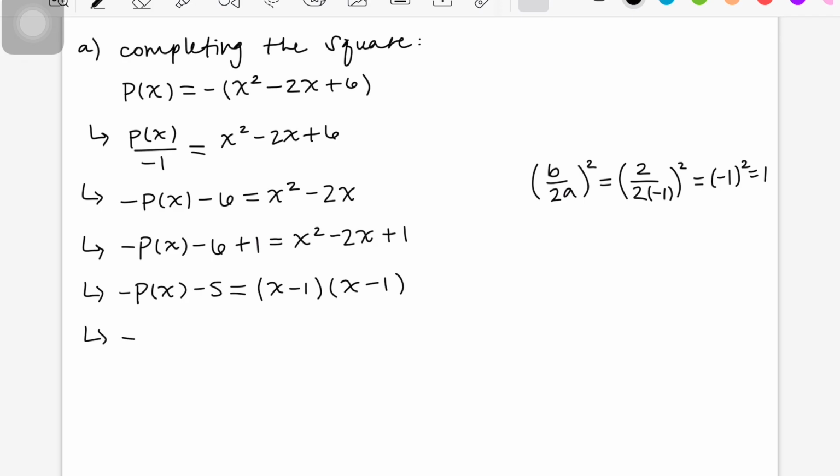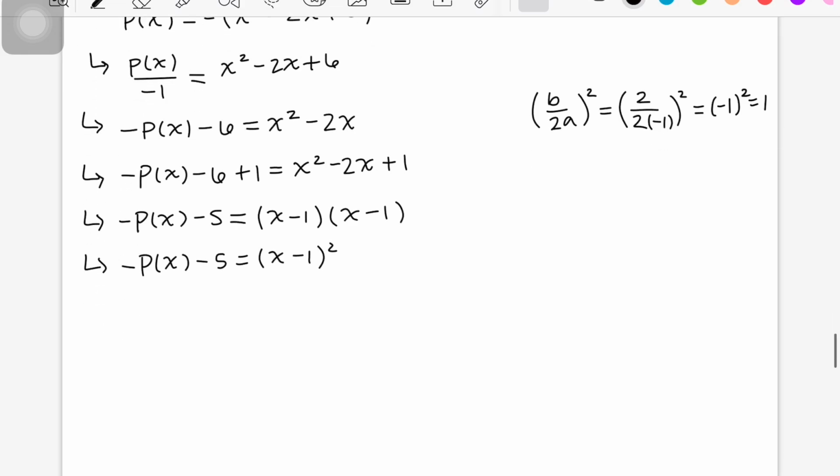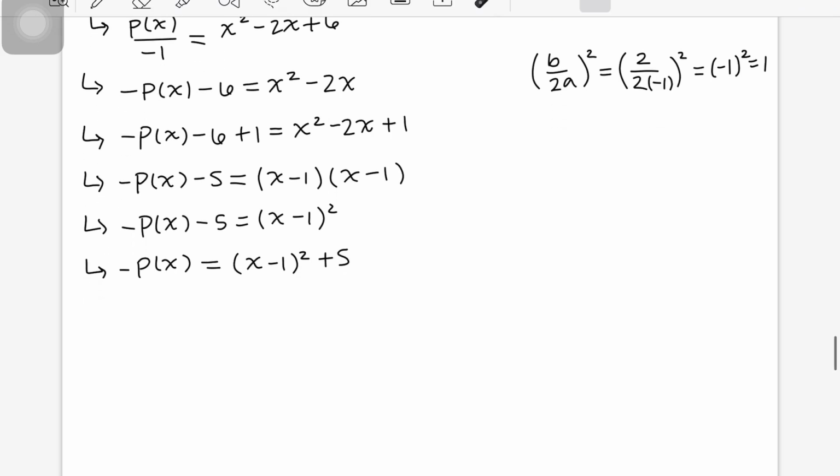And then writing this as our binomial, this will be x minus 1 squared. Alright, now we want to solve for p of x, so we'll add 5 to both sides. And lastly, we're going to multiply both sides by -1. So we'll get negative x minus 1 squared minus 5.